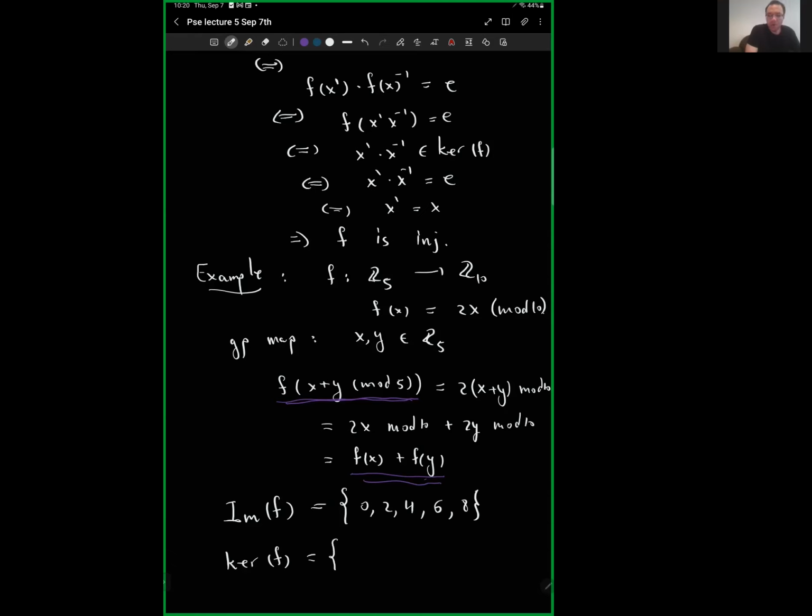Like, if there's no restrictions or anything. Is it 0 and 5? Exactly. Okay. Well, 5 is equal to 0 in Z modulo 5, so it's just 0. Right? Ah, yeah.